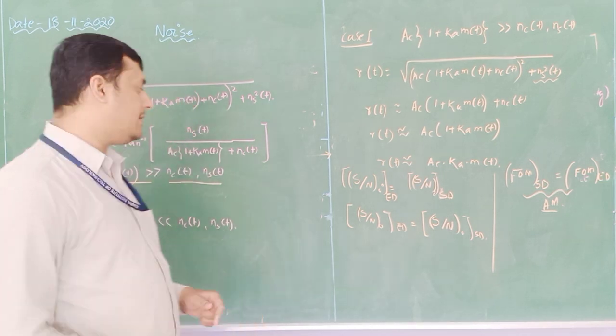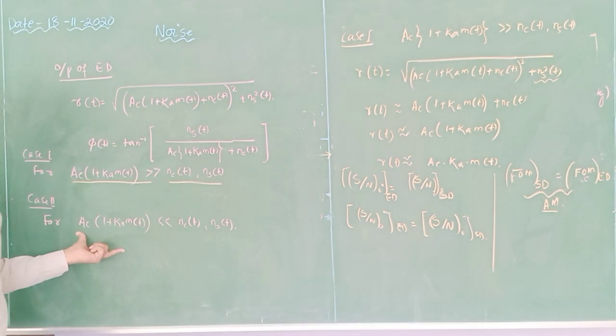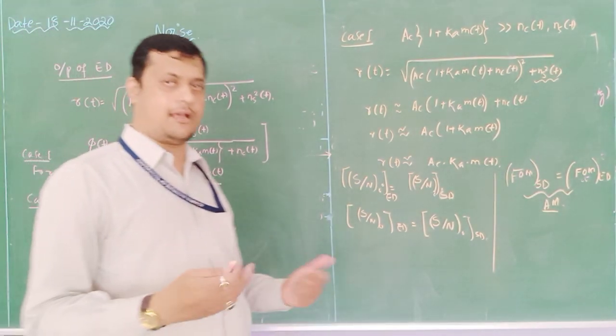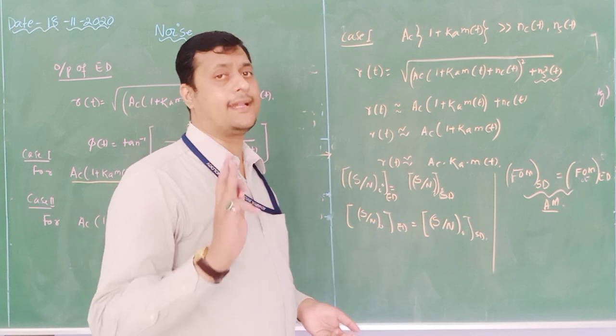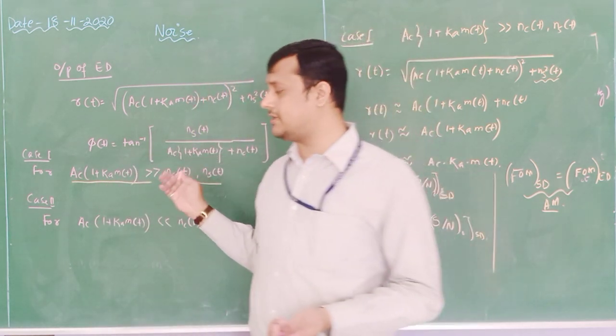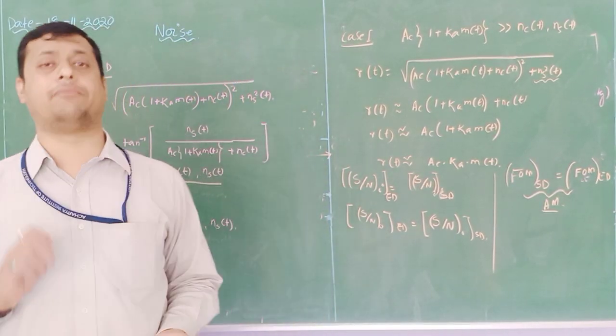Now the next case: if the amplitude of the modulated signal is less than the noise component, then what will happen? There are two cases in envelope detection. Remember this, because questions come with respect to envelope detection also, so you have to identify the difference.